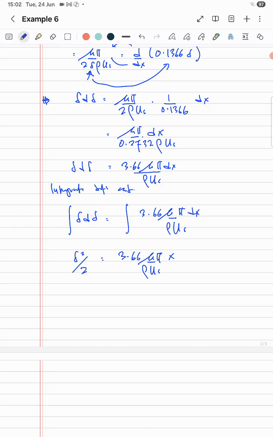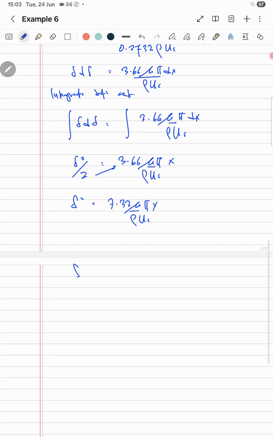Okay, so from here we can have delta squared over 2 equal to 3.66 multiplied by 2, equal to 7.32 mu pi x over rho us.